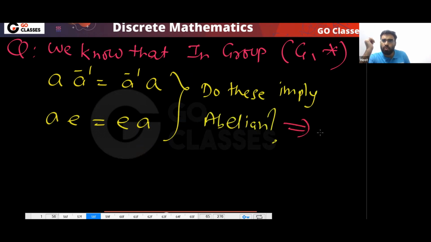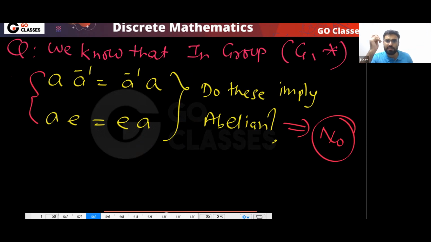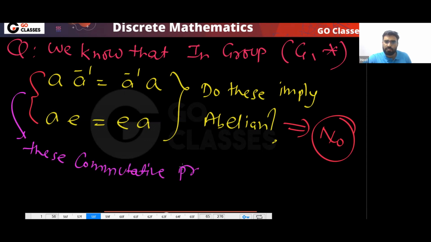The answer is no, because these commutative properties will always be there in every group. I told you in the last class, the same thing we have seen. These commutative properties are there in every group.